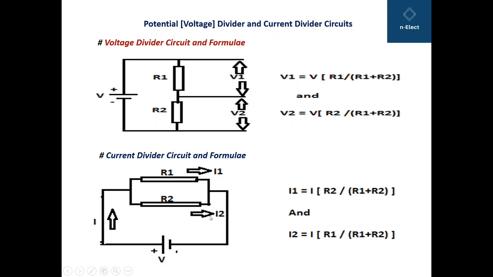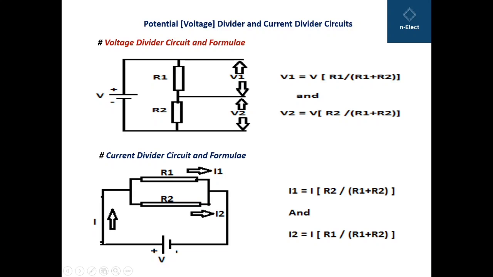The same case holds for I2. If I want to write the formula for the current I2, it will be equal to the total current I into the bracket R1 divided by R1 plus R2. So these are very important formulas.